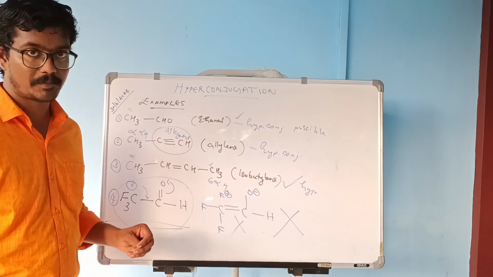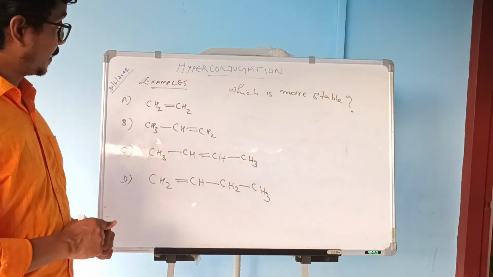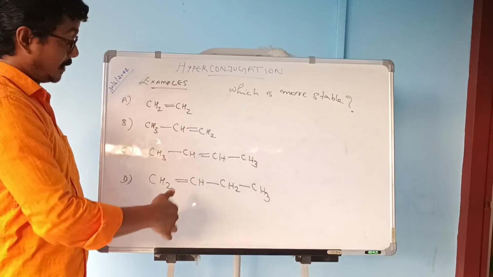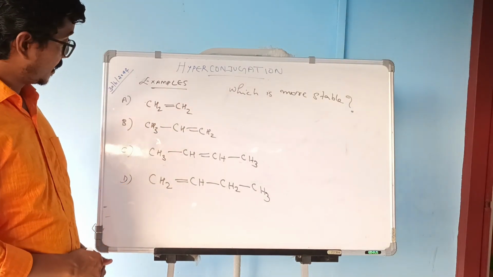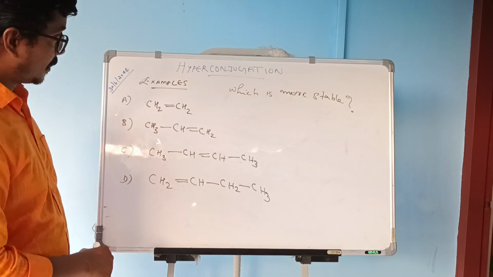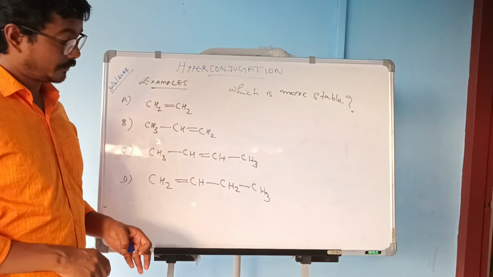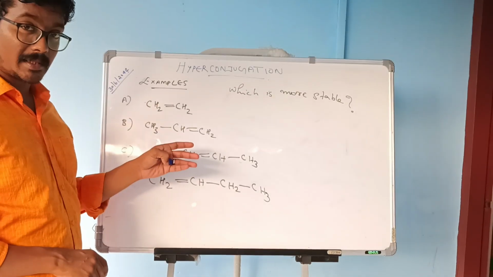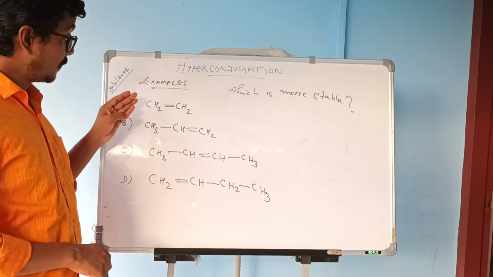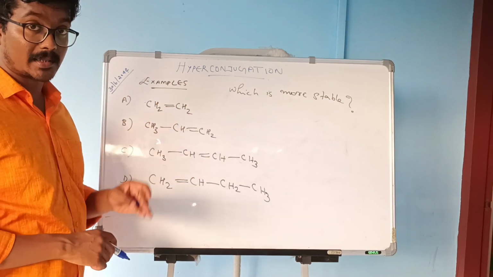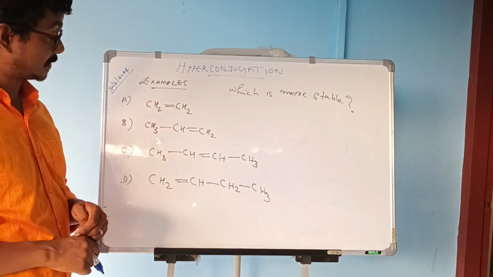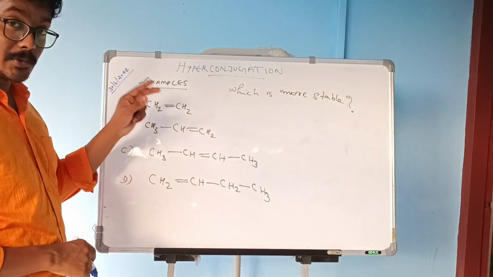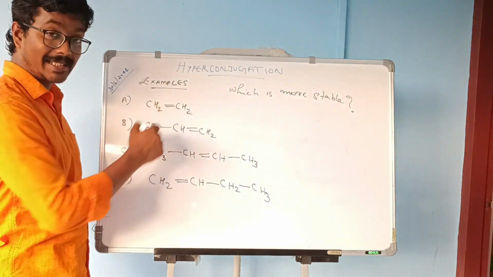This is the reason. So the next example: which is more stable among these four given objective type questions? On the basis of hyperconjugation, hyperconjugation is possible when there is an alpha carbon with alpha hydrogen. When the number of alpha hydrogen atoms increases, stability also increases. So we will use that principle here. This is ethene.